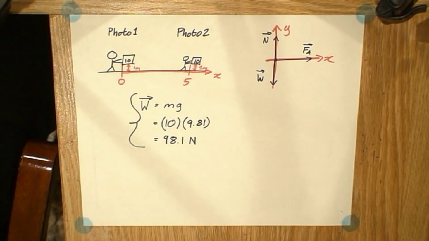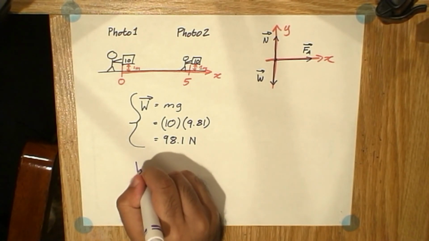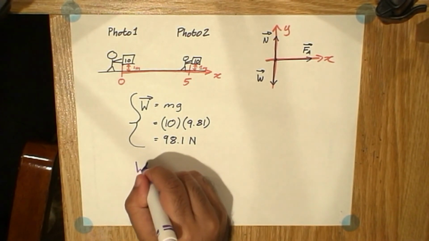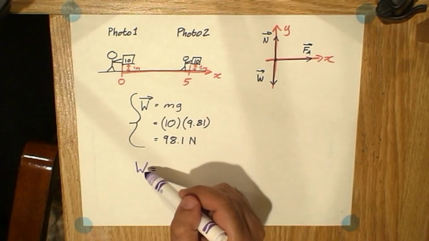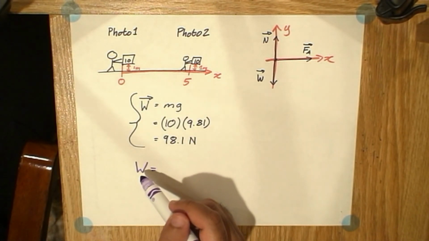Now the next thing to do is to figure out what the work being done by weight is. So let's go ahead and do that. The work, notice that this is written as a W without the vector hat to show that this is work, which is not a vector.